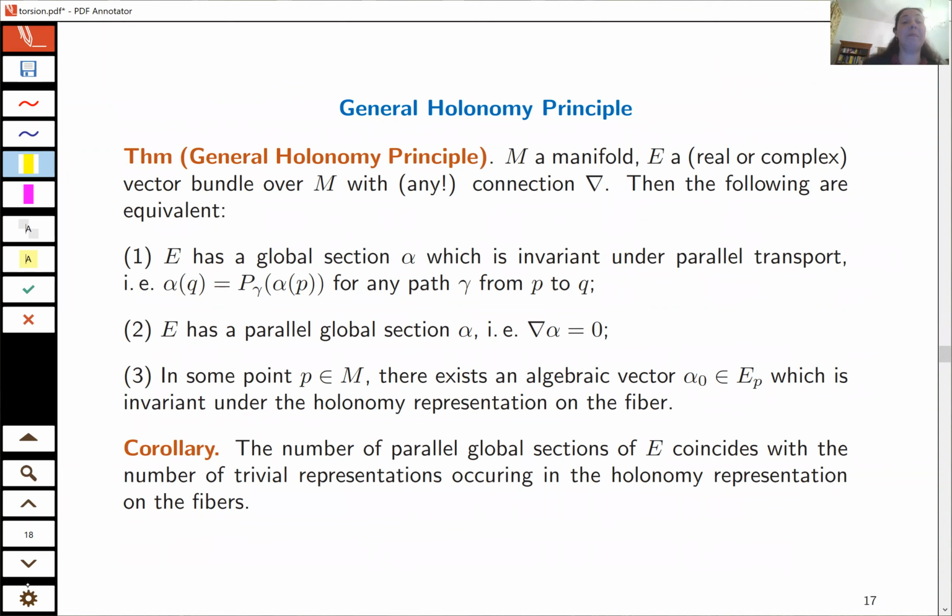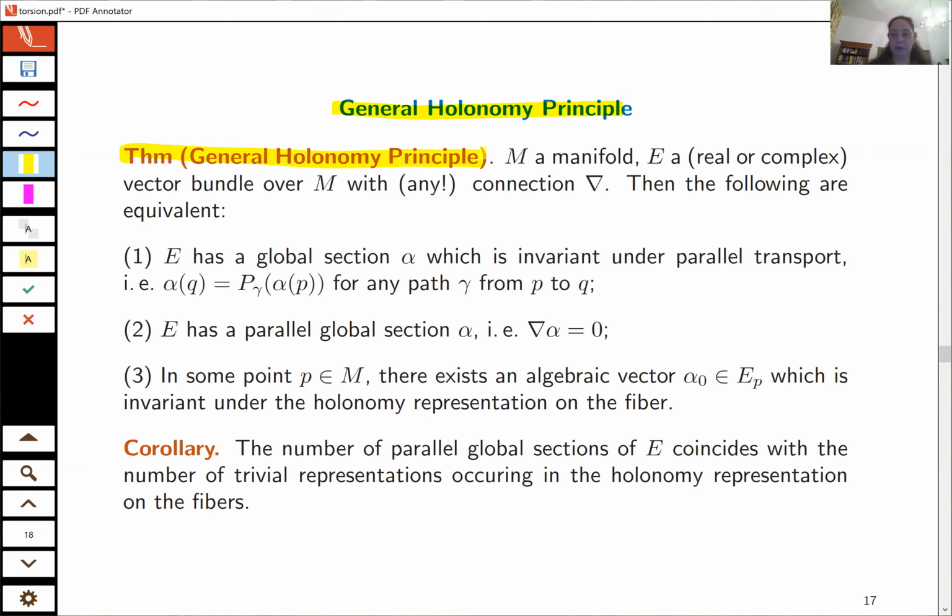The second main theorem on holonomy that is useful is the general holonomy principle. This is totally different in kind because the Berger theorem said something about Riemannian geometry and only the Levi-Civita connection and only irreducible manifolds, etc. Now this is almost metaphysical, I would say.